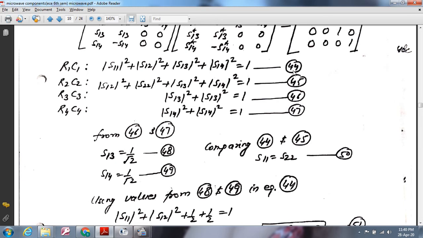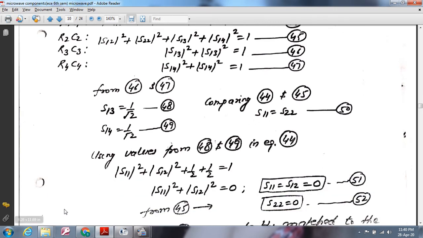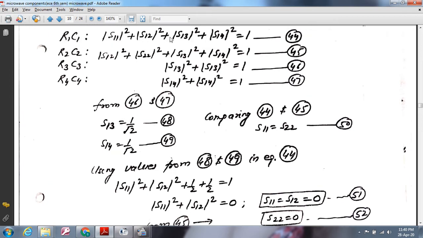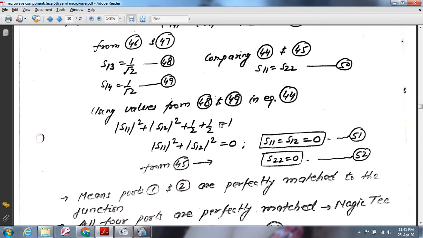And by comparing equation number 44 with 45, we see that S11 equals S22. This is equation number 50. Now using the values from equations 48 and 49 in equation 44, where S13 is 1 by root 2 and S14 is 1 by root 2, we put these values in equation 44 and get this equation.